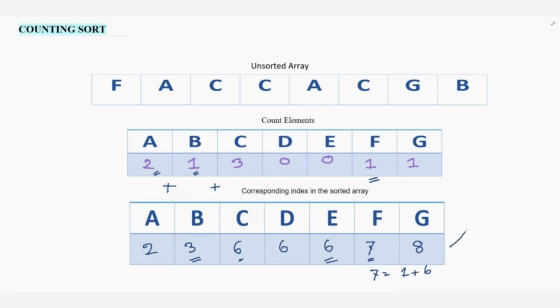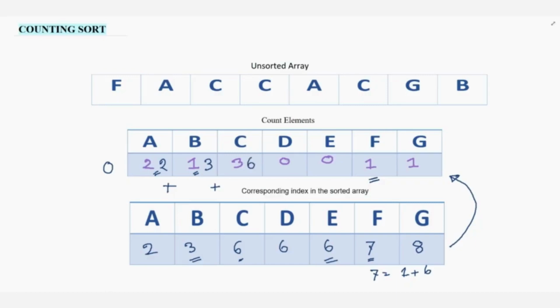So it's efficient to compute these values in the previous array. We will assume there's a 0 here. For this position we find a 2. For this position 1 plus 2, so this is 3. For this position 3 plus 3, this is 6.